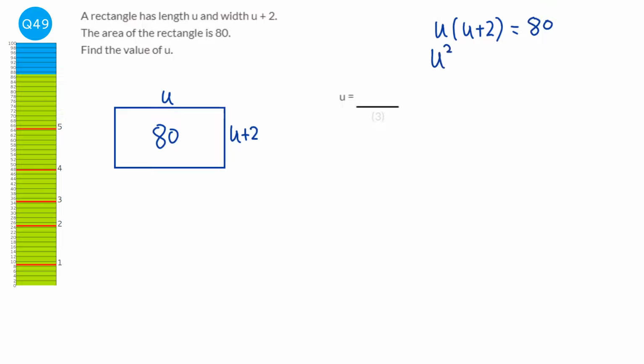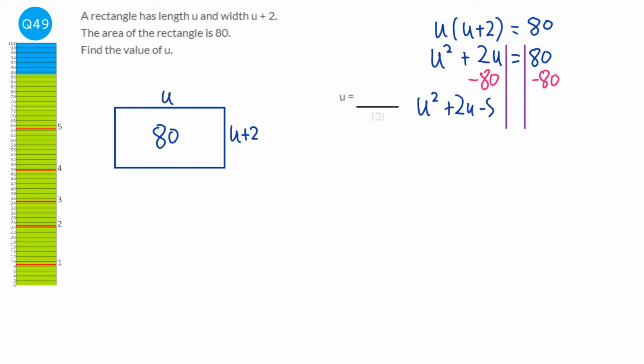So let's expand this. And what we're going to do is we're going to put everything to the same side. So all I'm going to do here is subtract 80 from both sides. And so we've got u squared plus 2u minus 80 equals 0.